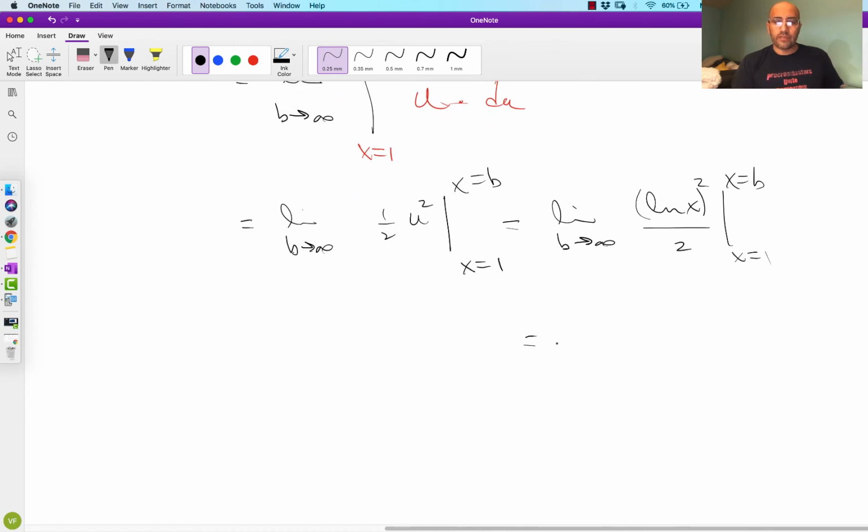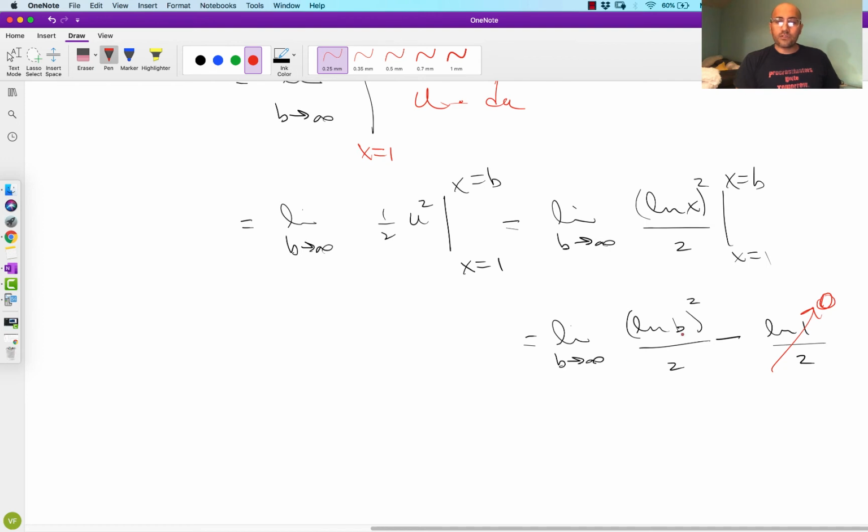Okay, so this is equal to the limit as b goes to infinity of ln b squared over 2 minus ln 1 over 2. But ln 1 was exactly equal to 0, so that's just 0.